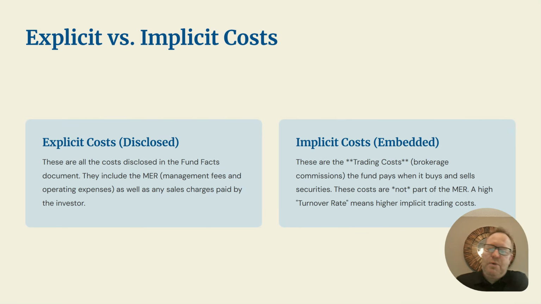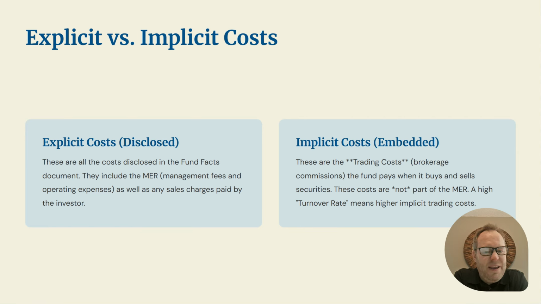There are costs that would be considered explicit costs and costs that would be considered implicit costs. And what do we mean by that? Explicit costs are the ones that are disclosed. These are all of the costs disclosed in the fund facts document. They include MER, management fees, and operating expenses, as well as any sales charges paid by the investor.